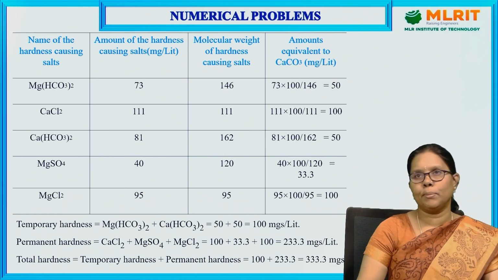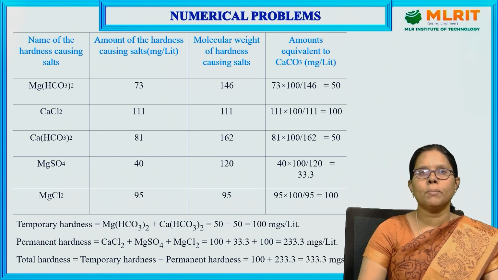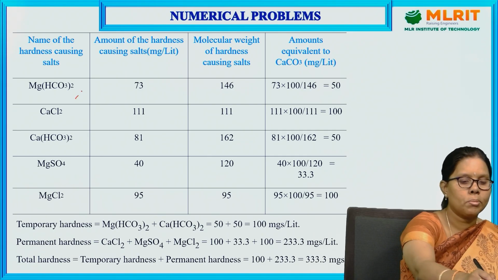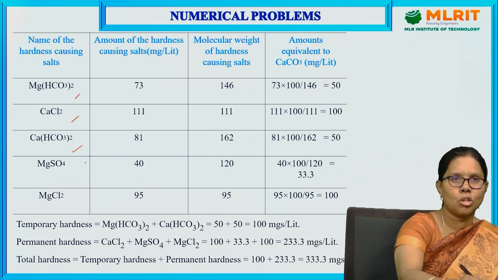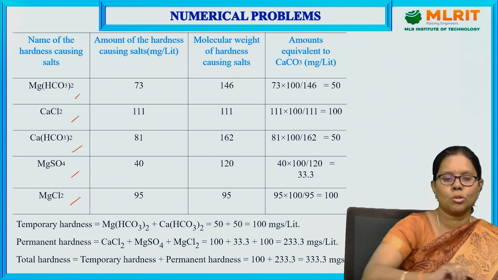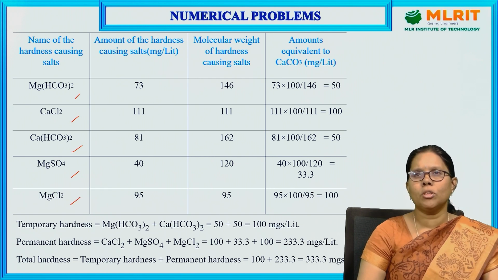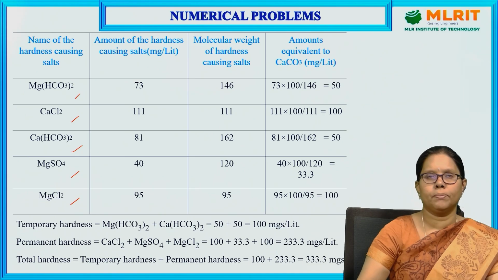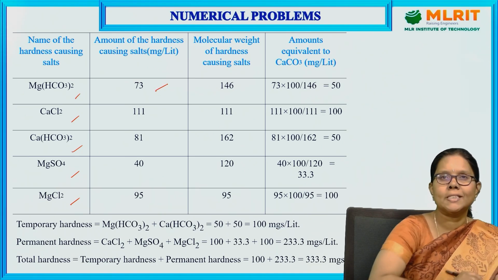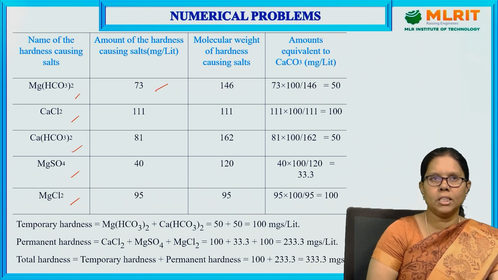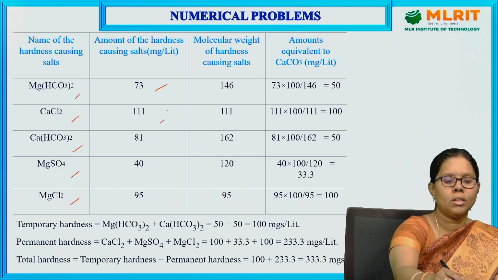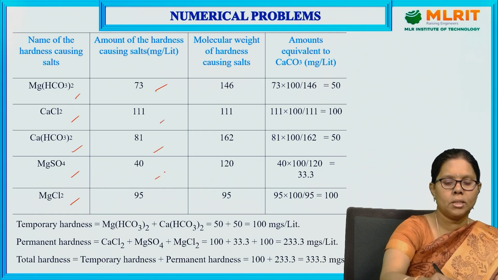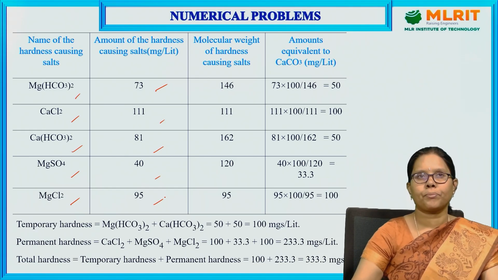This is the table. The hardness causing salts given are magnesium bicarbonate, calcium chloride, calcium bicarbonate, magnesium sulfate and magnesium chloride. The amounts in milligrams per liter are 73, 111, 81, 40 and 95.